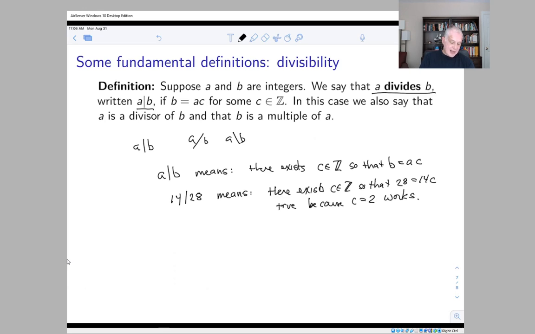So when you say a divides b, you're saying that you can solve the equation b equals a times c for some c. Another way of expressing this is to say that b is a multiple of a. So a divides b is the same thing as saying a is a divisor of b, which is the same thing as saying b is a multiple of a.